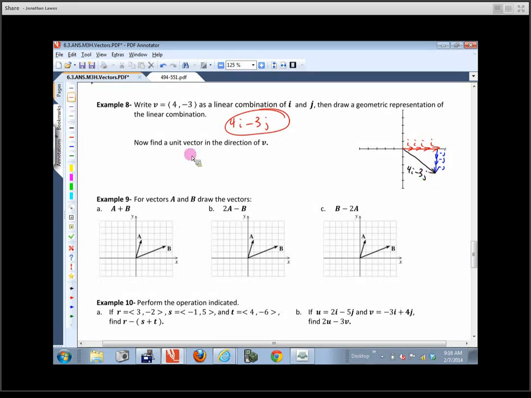Okay, how about the second part? Find a unit vector in the direction of v. Okay, it's heading off in this direction. It's not one of those that's easily recognizable, so it's not a 30, 60, 90, 45, anything like that. How long is it right now? And how would you figure out how long it is?